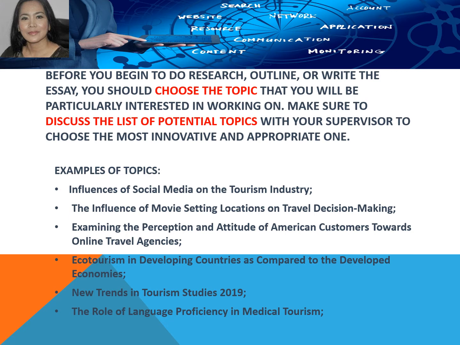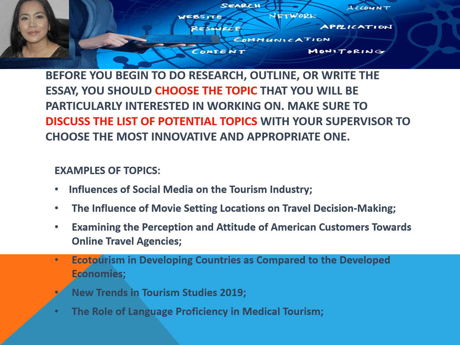And then some will be looking at ecotourism in developing countries as compared to the developed economies. Some research focus on new trends in tourism studies 2019, and some will focus on the role of language proficiency in medical tourism. Okay, these are just some examples.